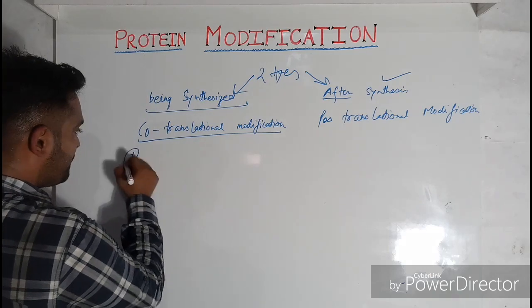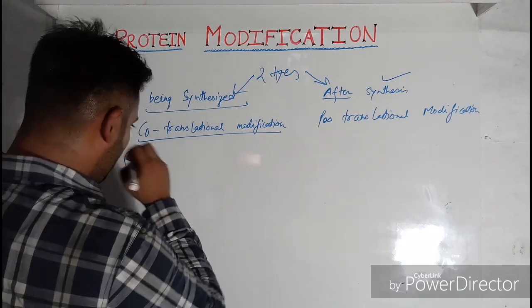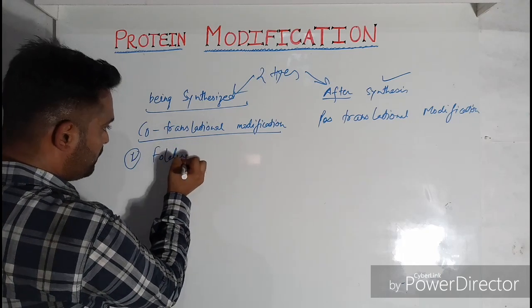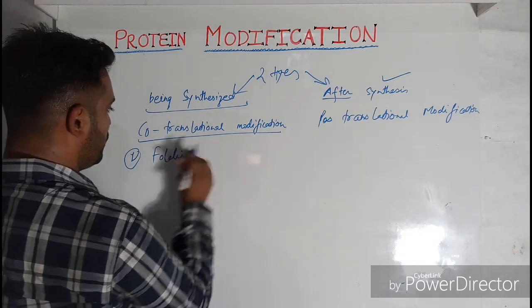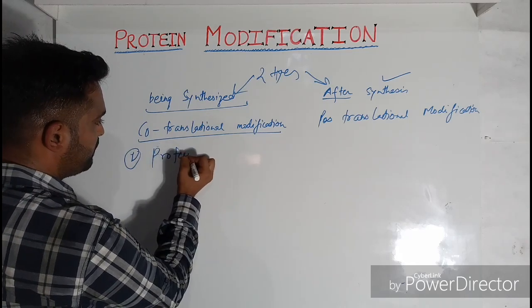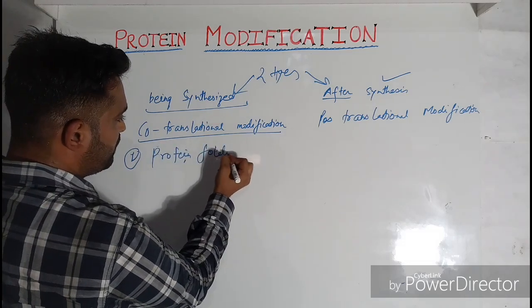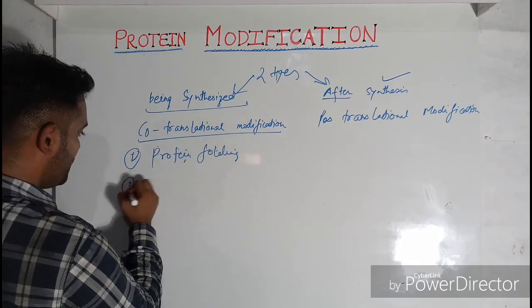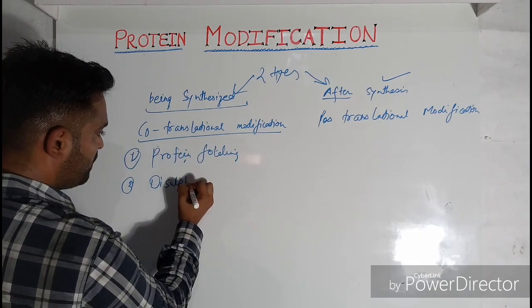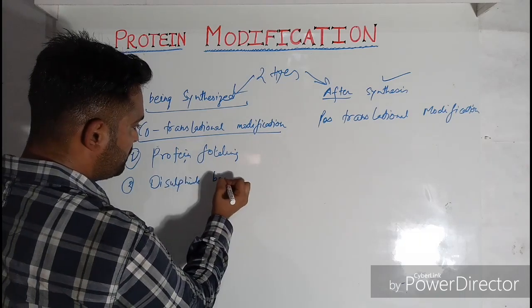In this case, here we can say it is the folding of the protein, or it is said as protein folding. One more important modification is the disulfide bonds.